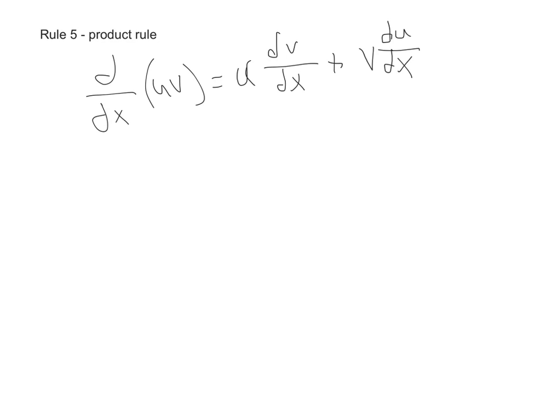The product rule for u times v: the first factor times the derivative of the second plus the second factor times the derivative of the first. A little more involved than what you would think for the product rule. So let's try to do one.